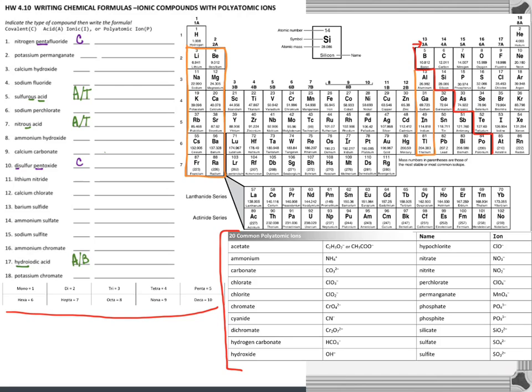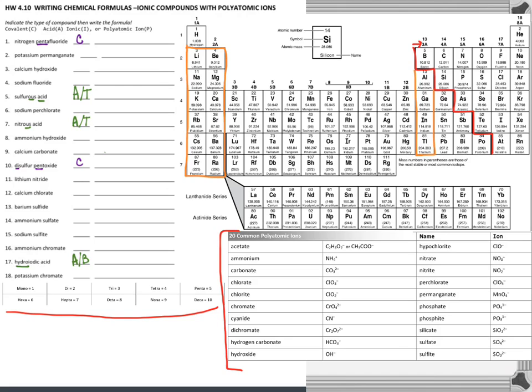And this is where it gets a little bit tough. If we go back to ionic rules, we remember that the very first name will always be the full name of your metal. Then the second part will be your non-metal, but that non-metal will have the root or stem of that element, and it'll end with IDE. So you only have to be careful for a few polyatomic ions that end in IDE.